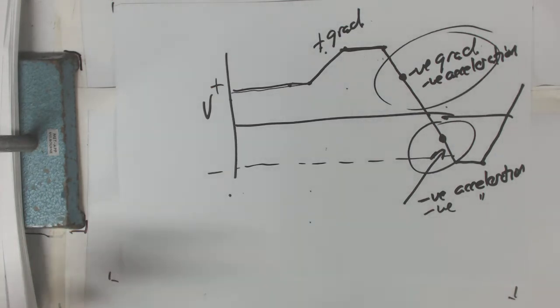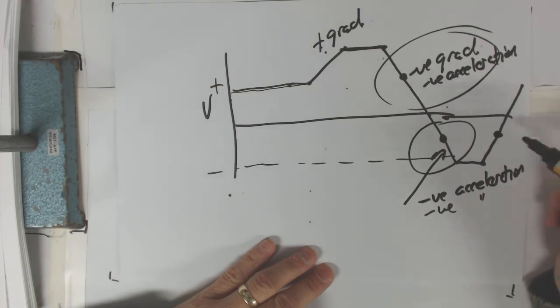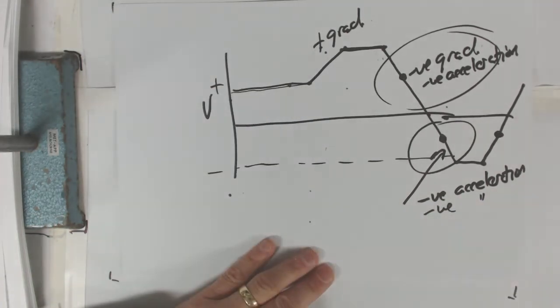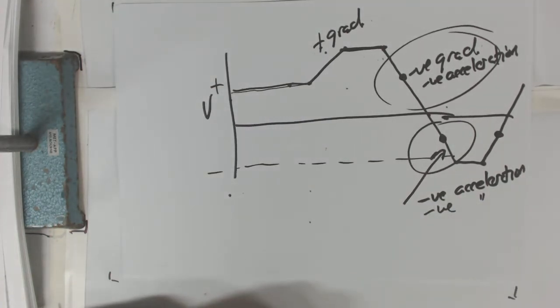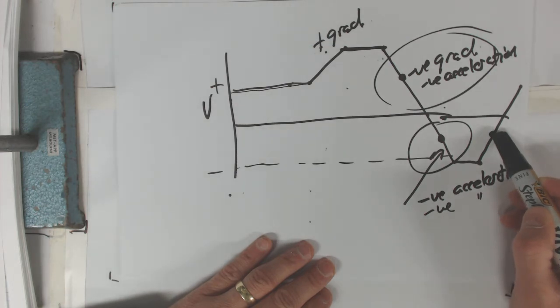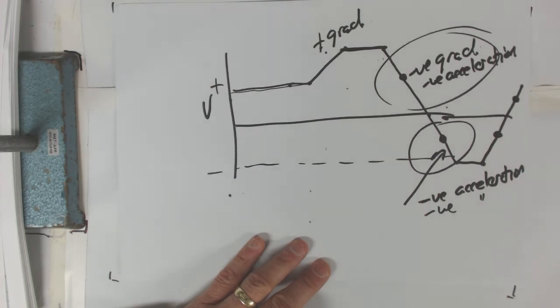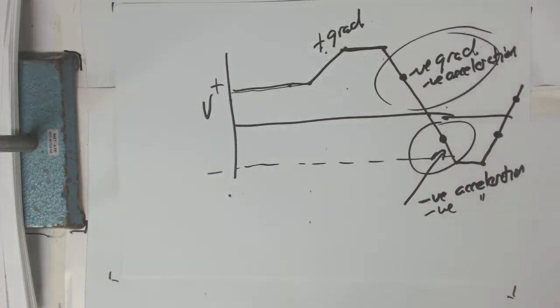If they've got opposite, then it's slowing down. Now here, we've got a positive acceleration and a negative velocity. Negative velocity means it's still going in the negative direction. Positive acceleration means it's slowing down, but it's still going in the negative direction. When it gets back past here, positive acceleration and positive velocity, speeding up in the positive direction.